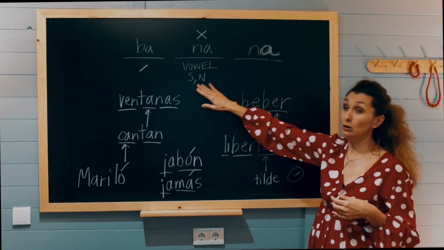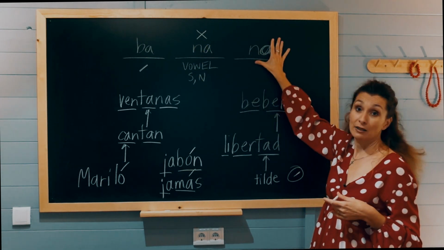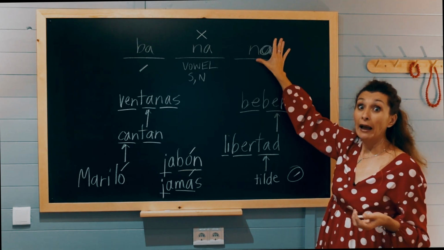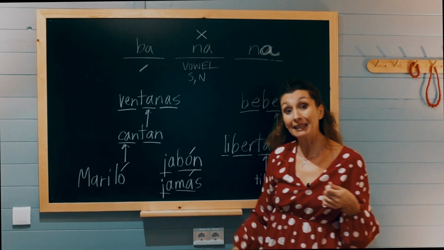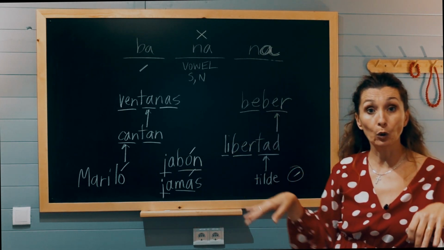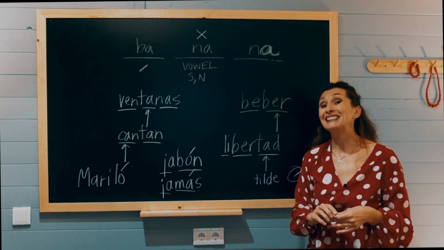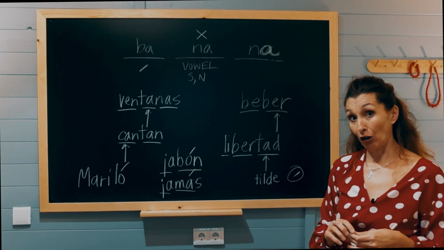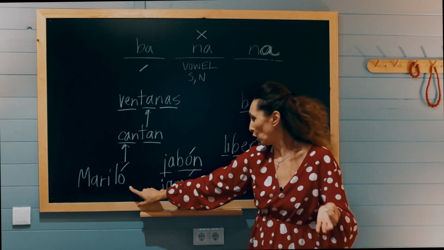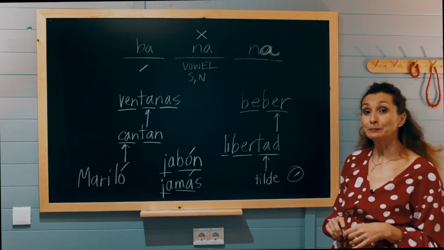If it ends in a vowel, S or N, the accent will be on the penultimate one. Otherwise, in all other cases, it's on the last one. And if you see this tilde, then you don't even have to worry about the rule. Then you just know that the rule was broken and the accent is where this tilde is telling you. So when you see these words, you know to say Marilό, jabón, jamás, right?